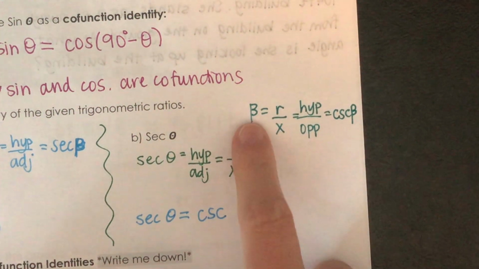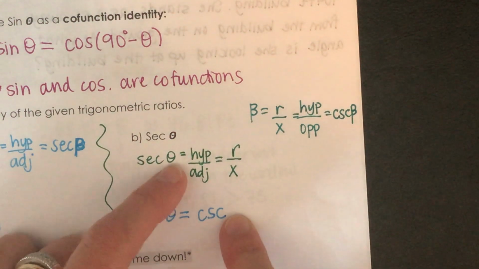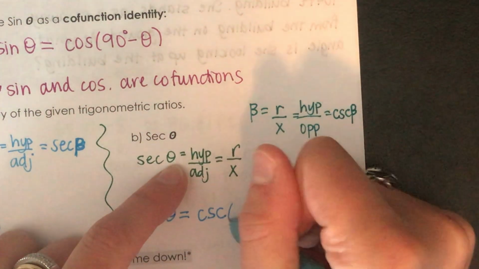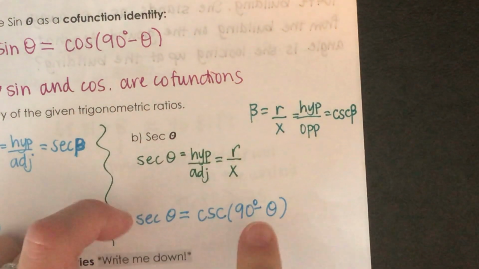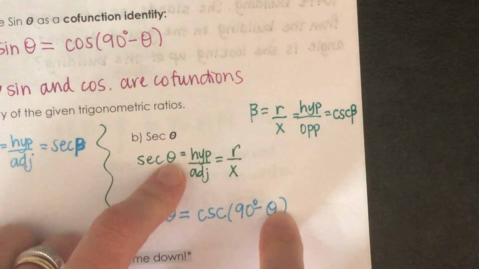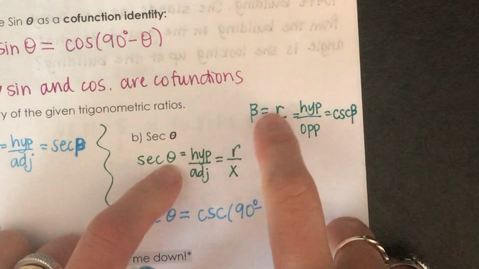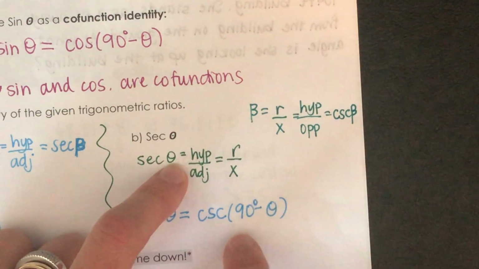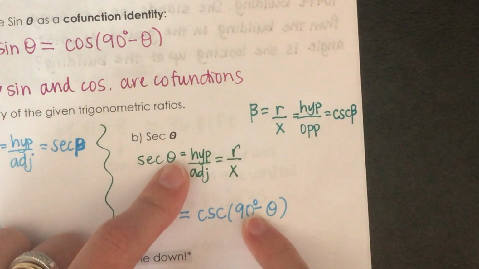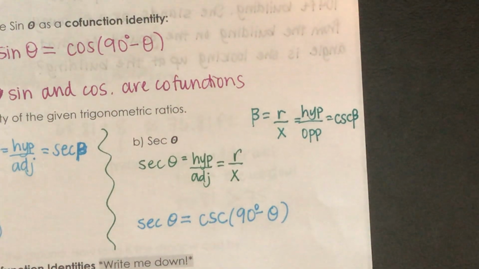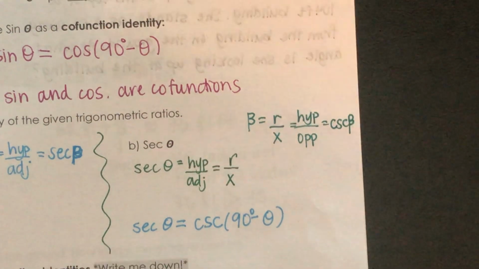And then to get beta, I just take 90 minus whatever my theta is, because that will give me what's left over, which is beta. So these two have to add up to be 90. Adding these two up to be 90 is the same as taking 90 and subtracting one of them, okay? So there is my cofunction identity.